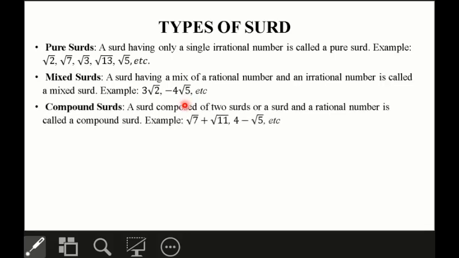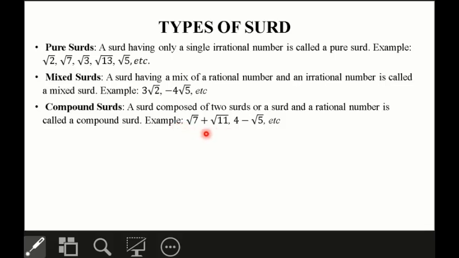Then the next one is something we call a compound set. A set composed of two sets or a set and a rational number is called a compound set. An example is the root of 7 plus the root of 11. We say that a compound set can be composed of two sets. So we have root 7 plus root 11. Root 7 is a set plus root 11 is also what? A set.